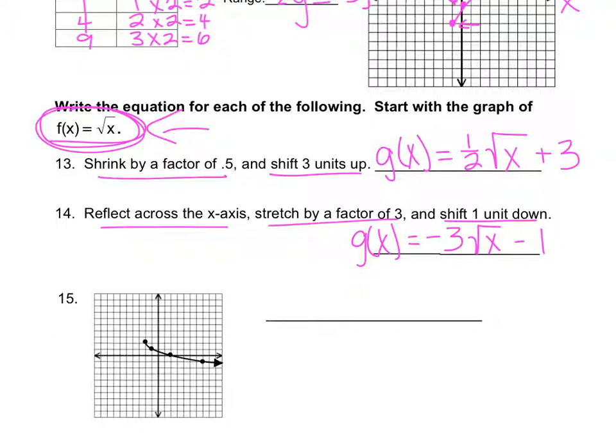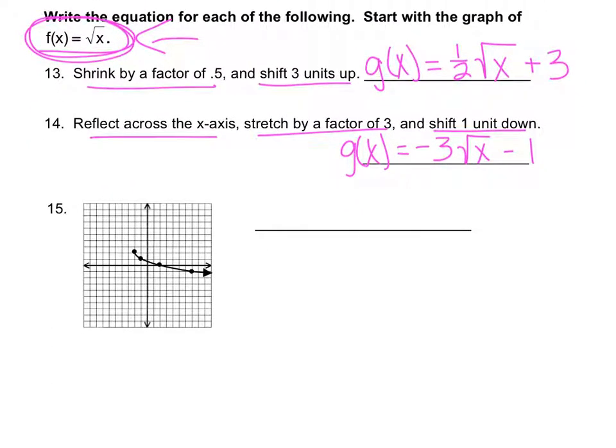Okay, last one, we have a graph. So look and see what your transformations are from the graph. So we know our endpoint of our square root graph is normally at the origin. So notice it went left 2, and up 2. Also notice that it's going down, so it also reflected. And then you can check your points 1, 1, 4, 2, and notice it's not a stretch or a shrink.